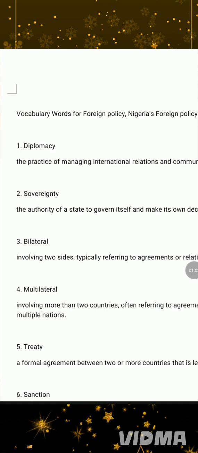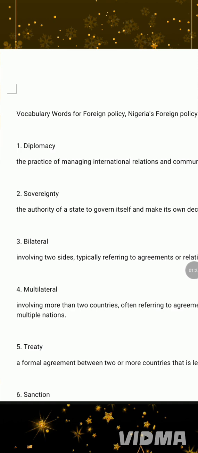So let's start now. First of all, what is foreign policy? Now, you should understand something: when we talk about foreign policy, it's a very broad topic, especially for the Jamb and Waec syllabus. It's very broad, but yet it is very interesting and interactive.